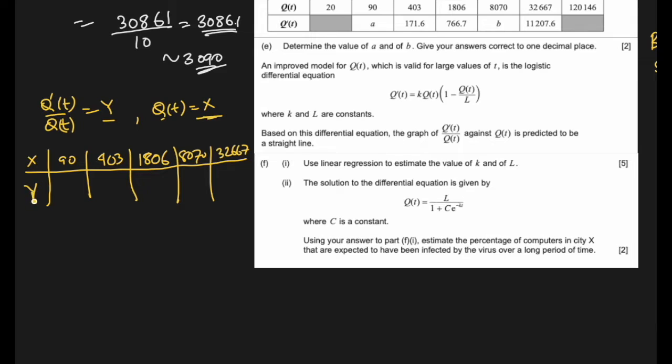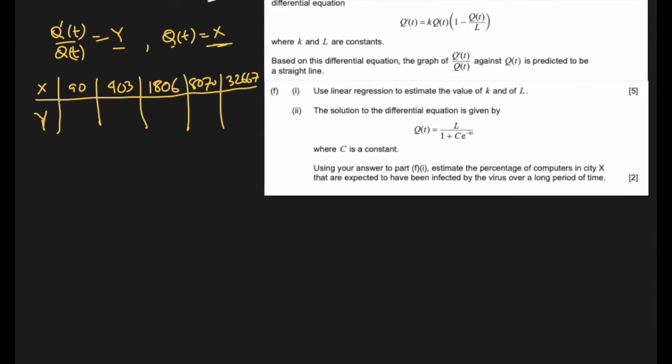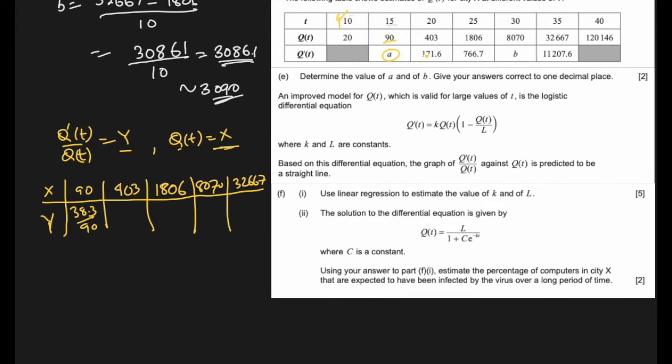And y, capital Y, will be Q'(t) divided by Q(t). So A divided by 90. A we got how much? 38.3. So it will be 38.3 over 90. Then what do we have? We have 171.6 over 403.